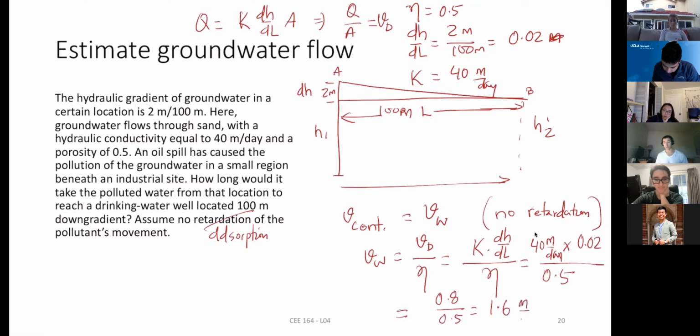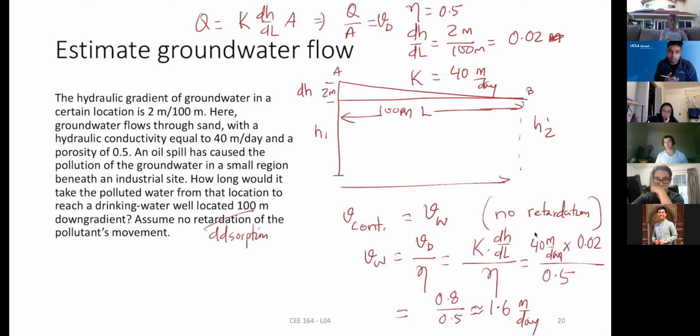Check whether that's right or wrong. Okay, so that's the velocity. Now you know how fast the contaminants move: 1.6 meters per day.